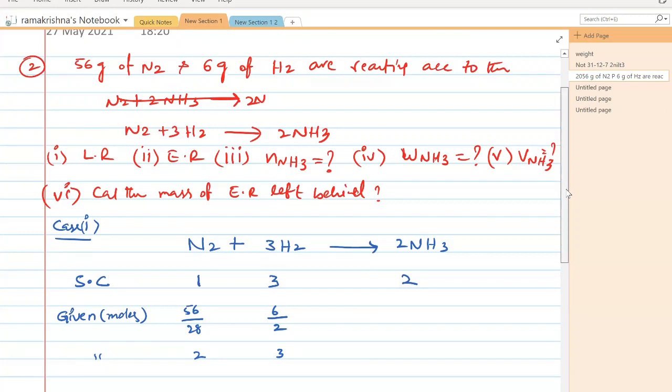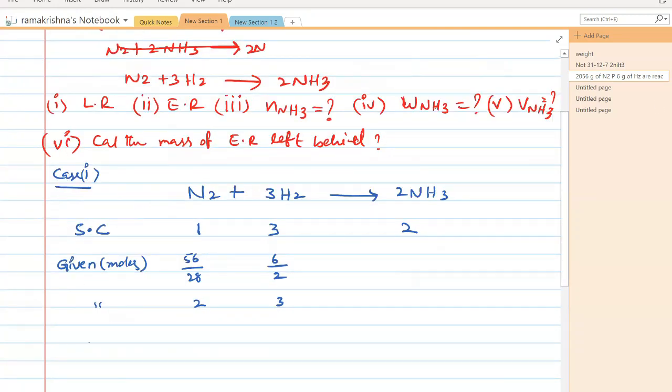Now I want to find out the limiting reagent. So for the x value, I have to find 2 by 1 for this and 3 by 3 for this. So I have got 2 and I have got 1. The reactant with small x value is the limiting reagent, and the reactant with large x value is the excess reagent. Now, after finding the limiting reagent, you have to focus on the limiting reagent only.